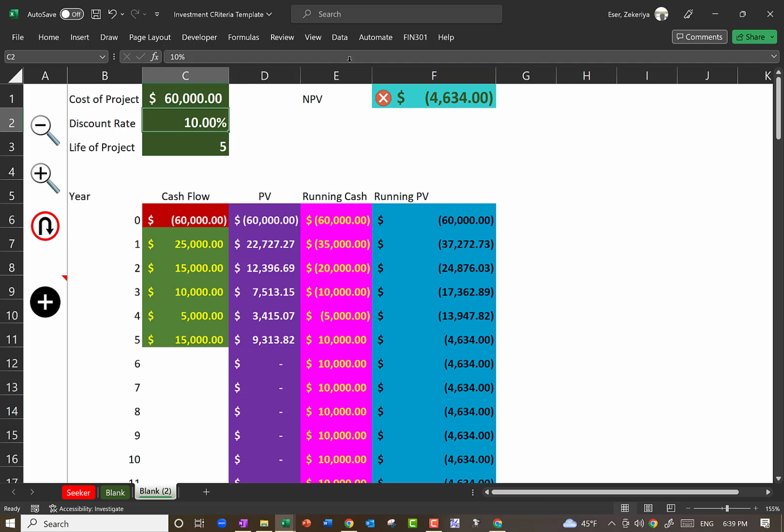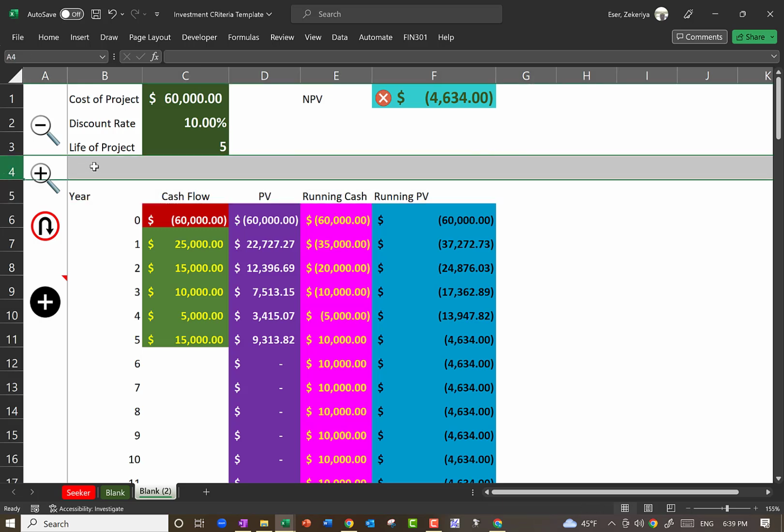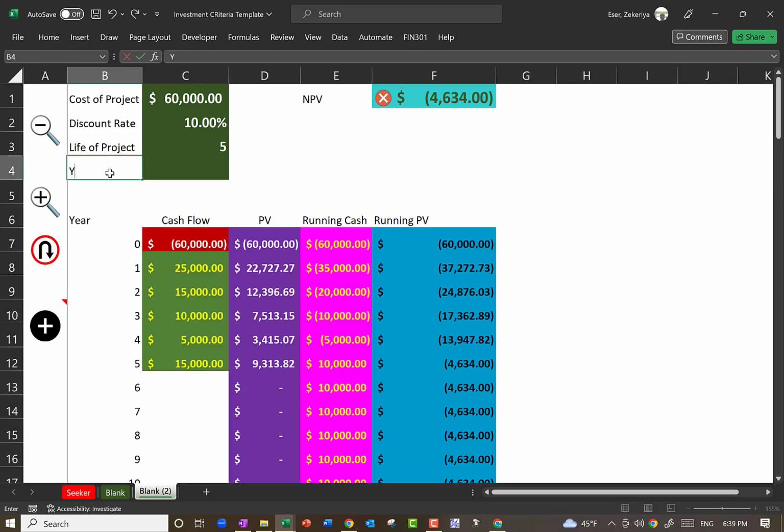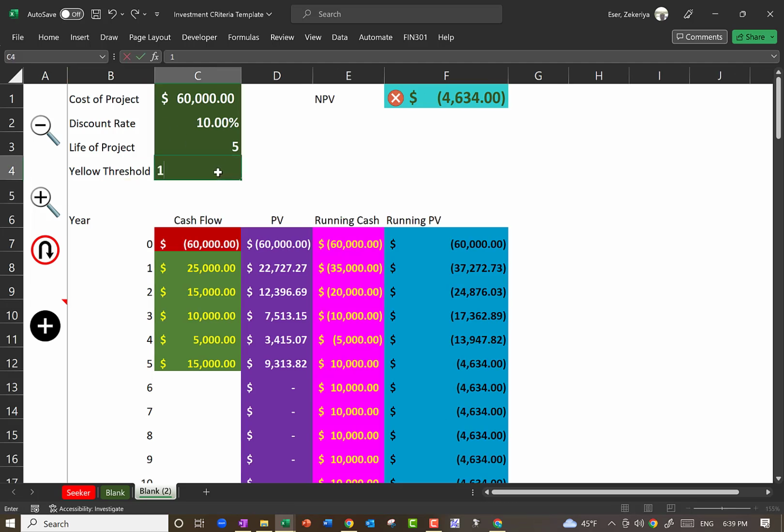Again, maybe I could put an input here. Let's do this. Let's insert a line. Yellow threshold, percent.